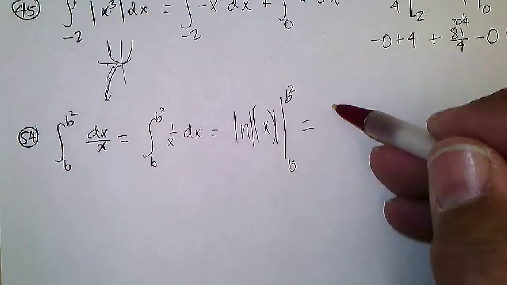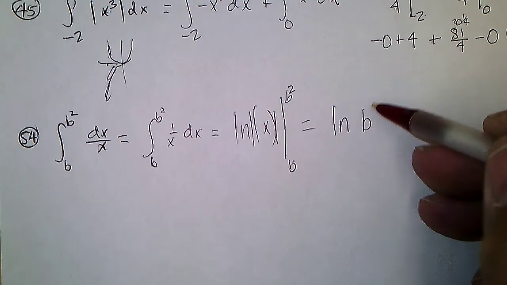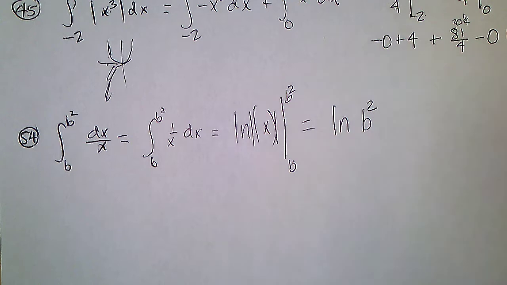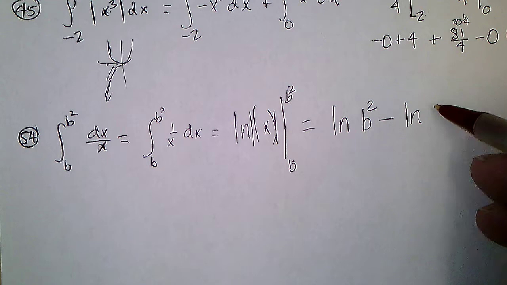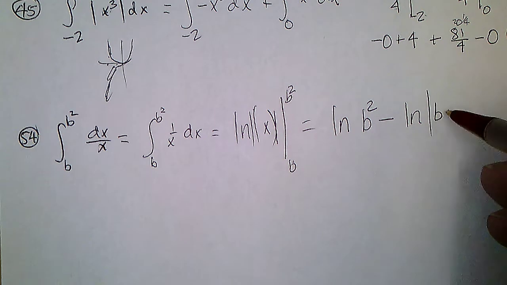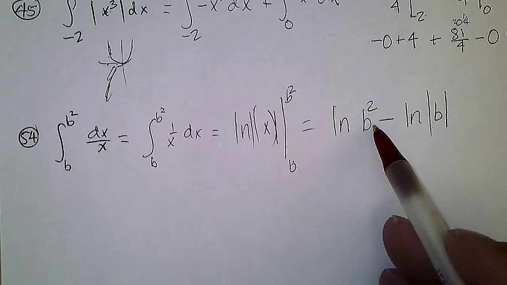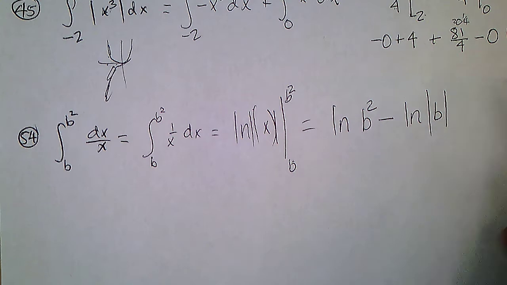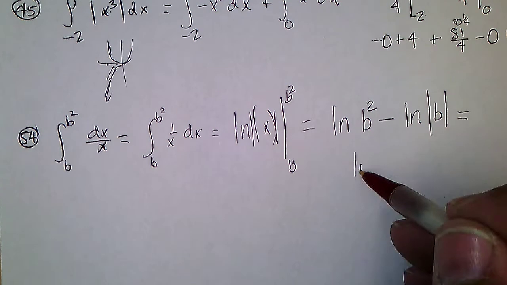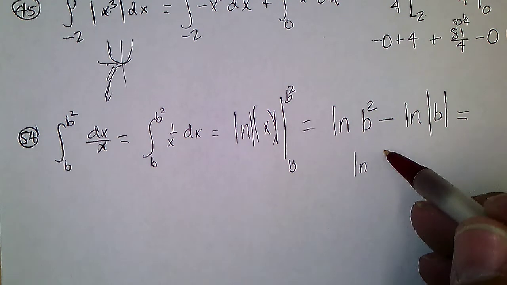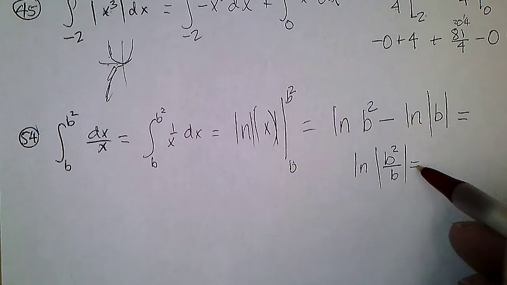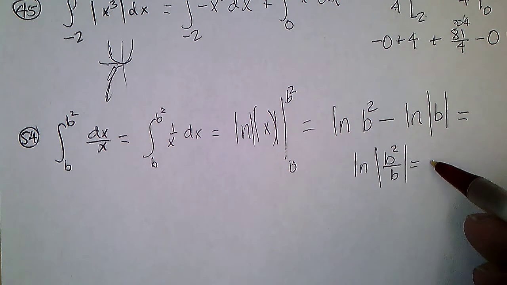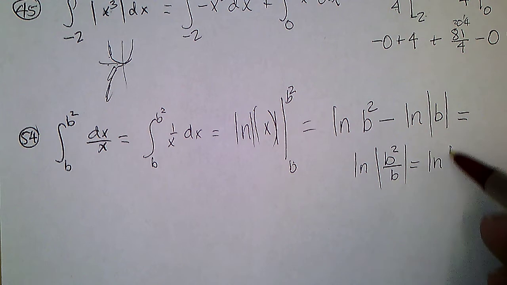So we'd have ln of b squared. I can drop the absolute value because b squared is always positive, minus ln of absolute value b. And when you subtract, you divide, so this could be ln of b squared over b, absolute value, which is ln of b.